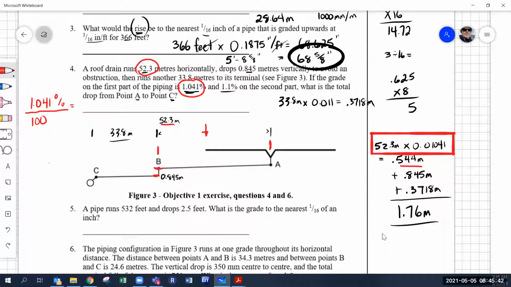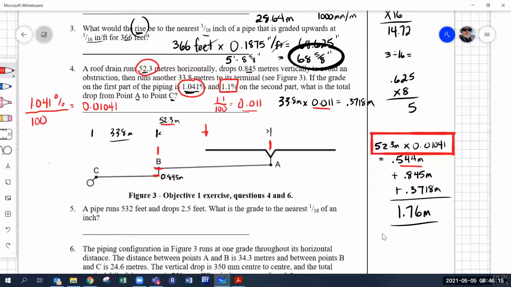Because it is a percentage, I must reduce it down into a decimal, and so that becomes 0.01041. Similarly, I did that with this percentage as well, the 1.1%. I have to divide it by 100 to get it as a decimal before I multiply, and then that becomes that right here.